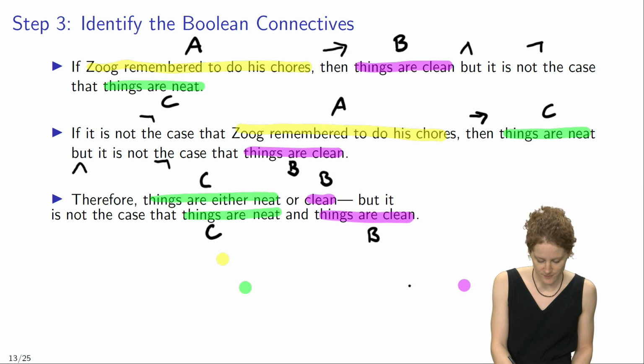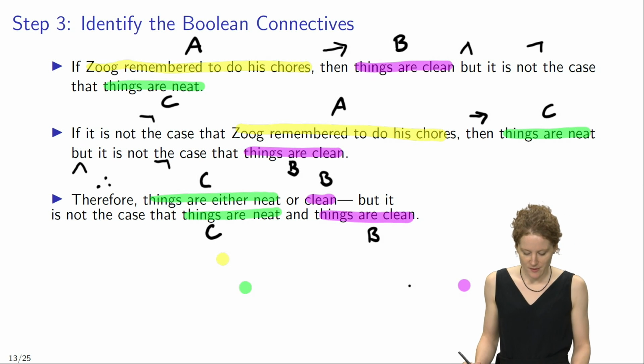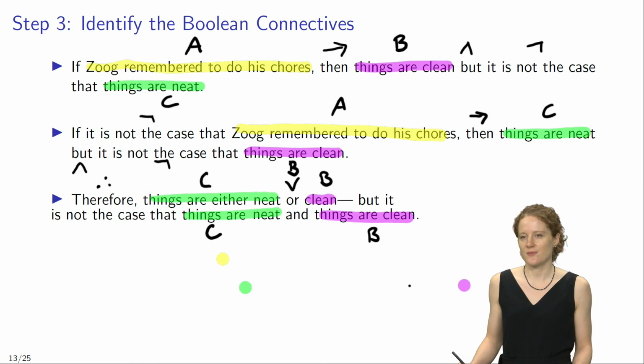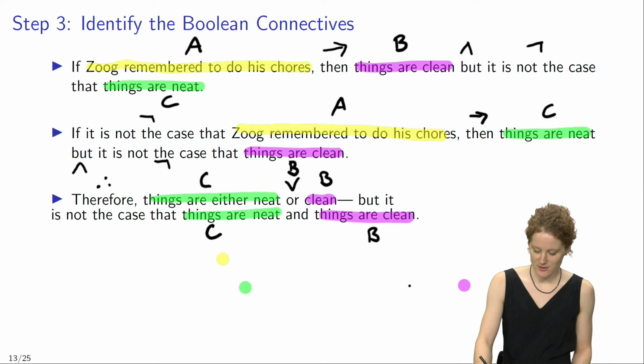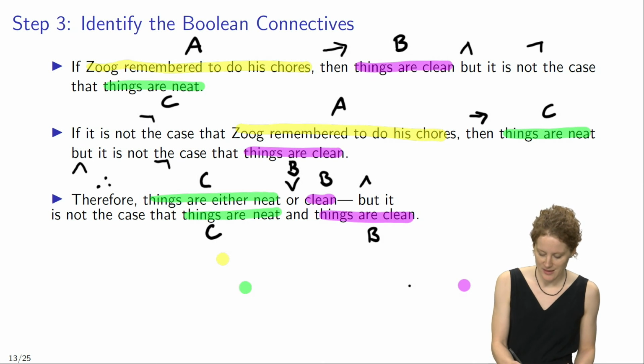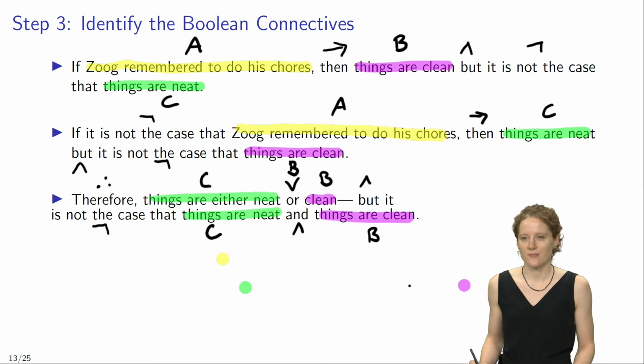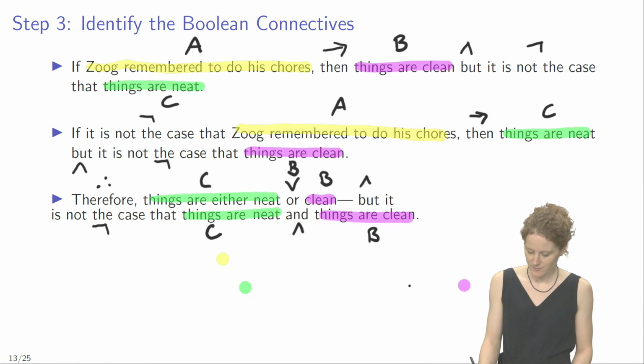So therefore, things are either clean or neat. That's a disjunction that I need to represent by means of the disjunction sign, but is a conjunction. It is not the case that, that's a negation, and then and, of course, is a conjunction. So these are our relevant Boolean connectives.